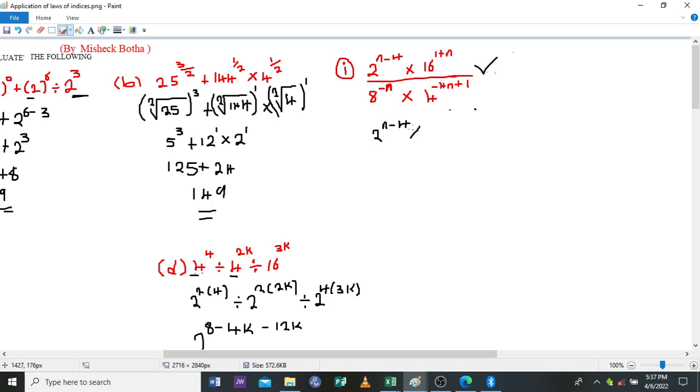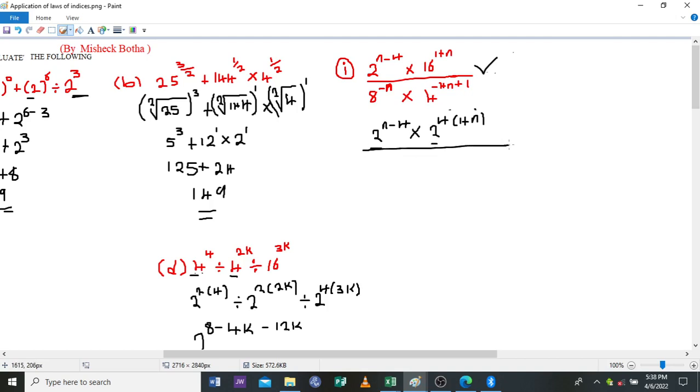Now we have multiplication there. 16 can be written as 2 to the power 4, right? Now that power 1 plus n can be multiplied like that, right? Okay, cool. Now we can see that we have equal bases on top.